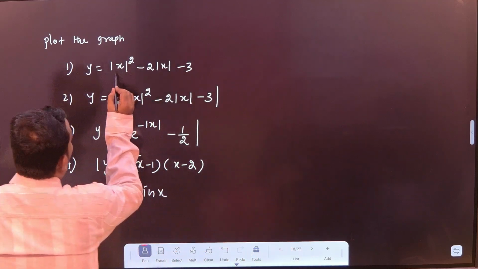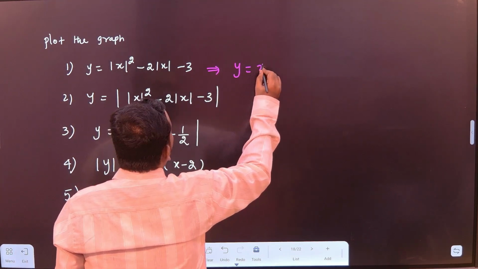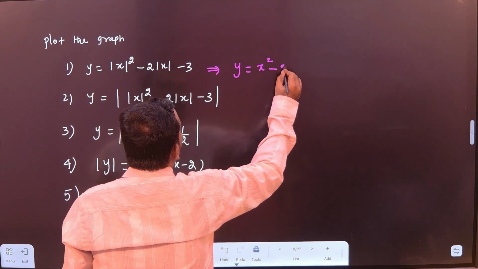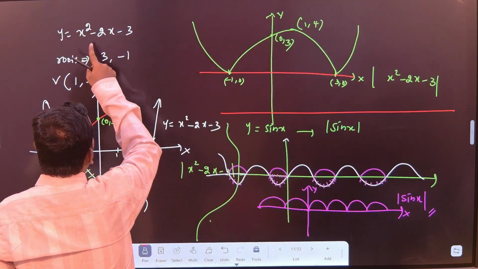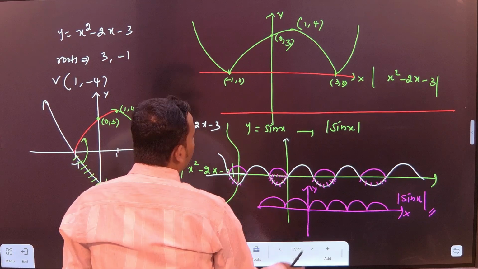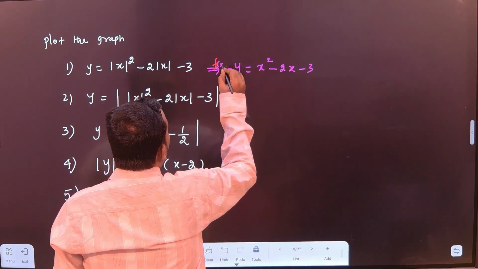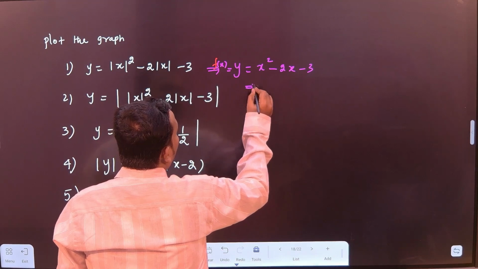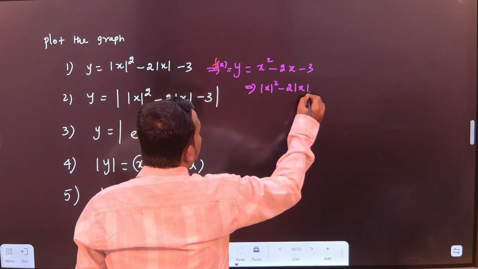Which is the reference graph here? Y is equal to x square minus 2x minus 3. This is your f of x, right? Just replace x by mod x. What will we get? Mod x square minus 2 times mod x minus 3.